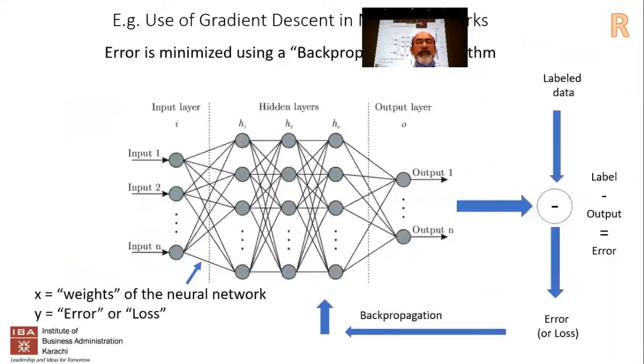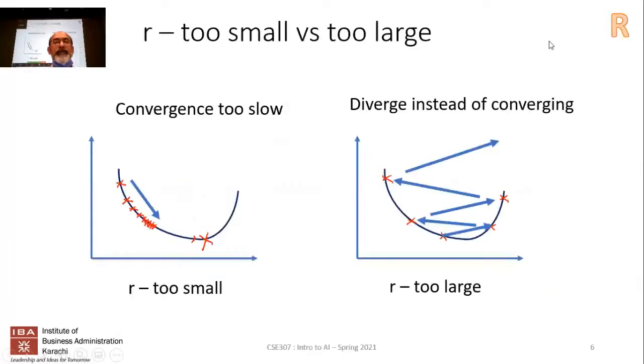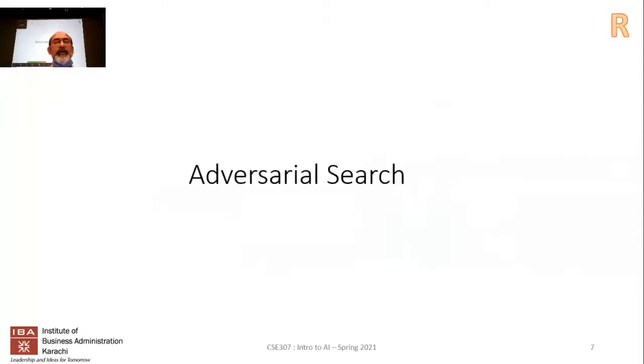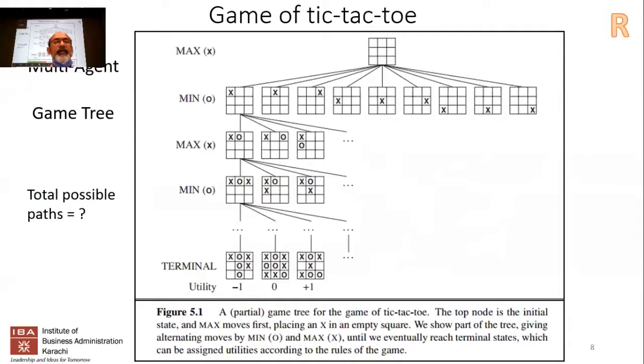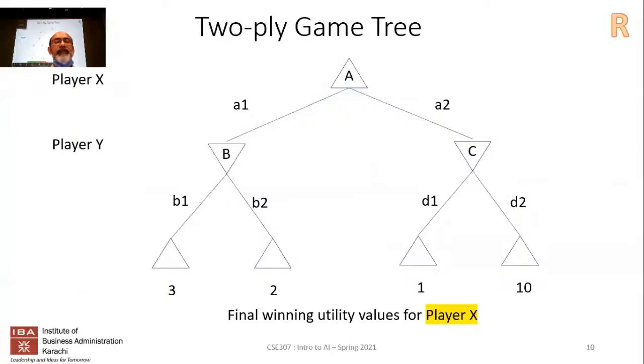We had gradient descent. We spoke about how this was applicable in neural networks. What are the issues in learning if R was too small or too large? And then we started talking about adversarial search. We looked at the game of tic-tac-toe, the concept of zero sum, and then we looked at a two-ply game.